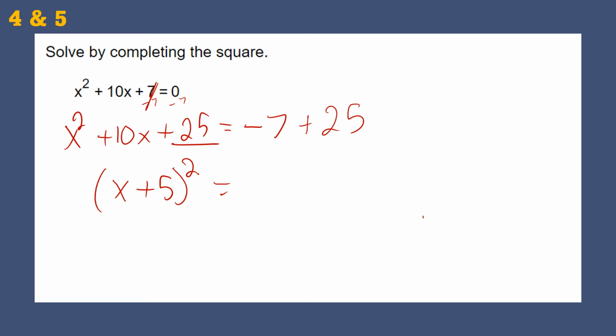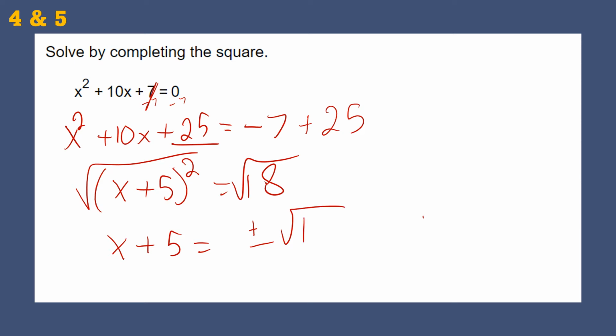And I can do that, because that's what algebra says. From here, we can square root both sides, and I get x plus 5 equals plus or minus the square root of 18.